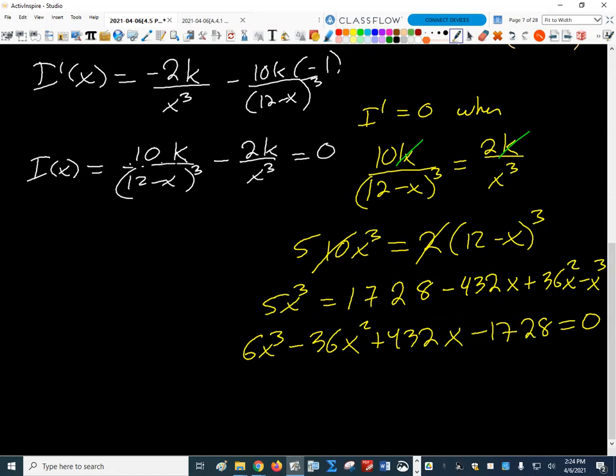Okay. Is grouping going to work here? No, it's not. So we're not even going to mess with this. We're just going to graph that thing and find the solutions. And there's going to be a little shortcut I'll show you anyway. We're going to cheat a little bit here, just in the interest of making this a little faster.